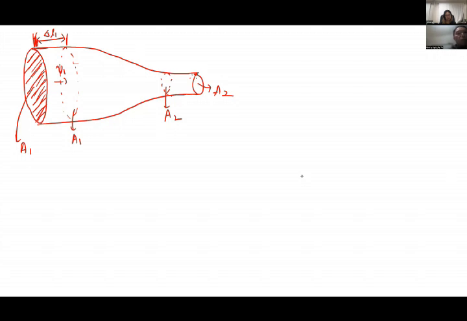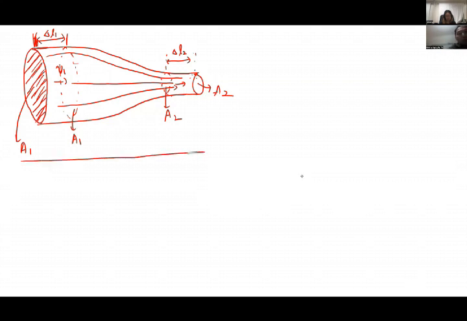At the output, the fluid changes its speed because the size of the pipe is narrower. That should create a different speed of fluid at the outlet of this pipe, and the travel distance with a different speed is delta L2.